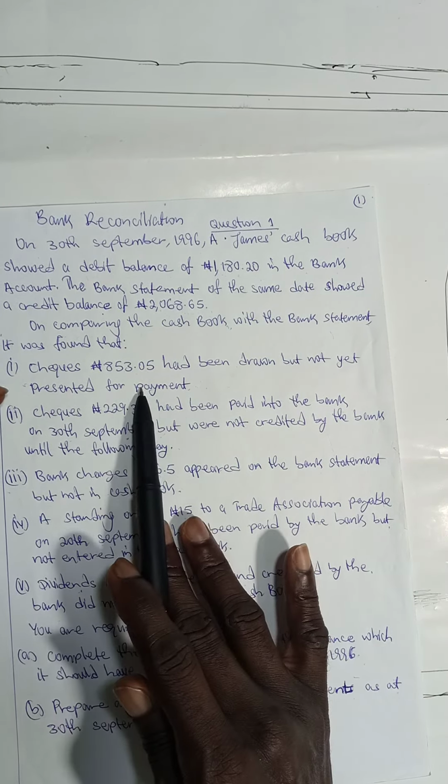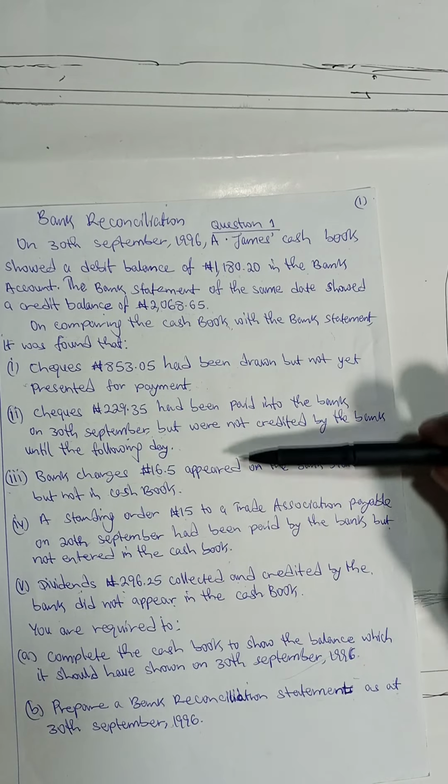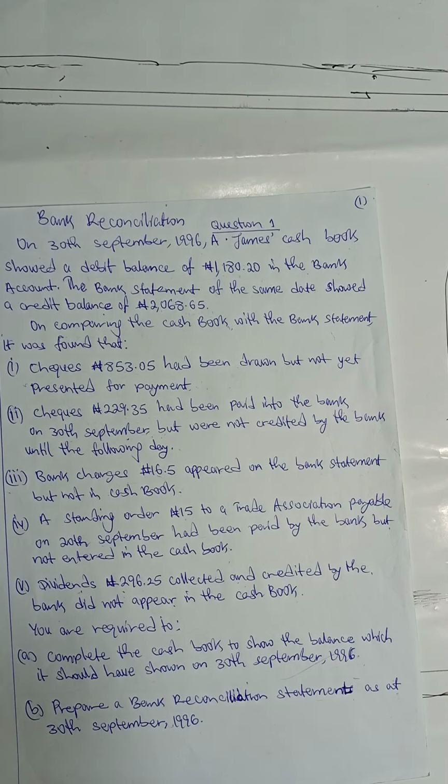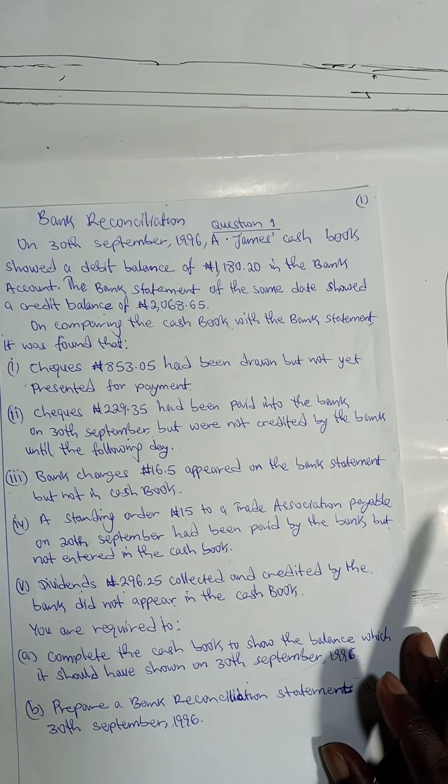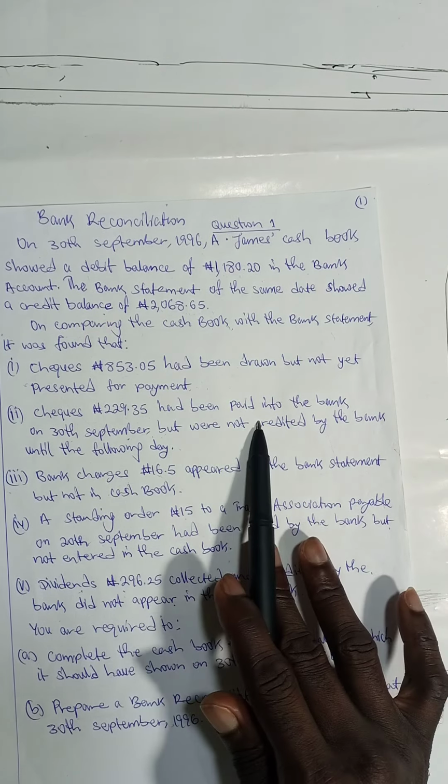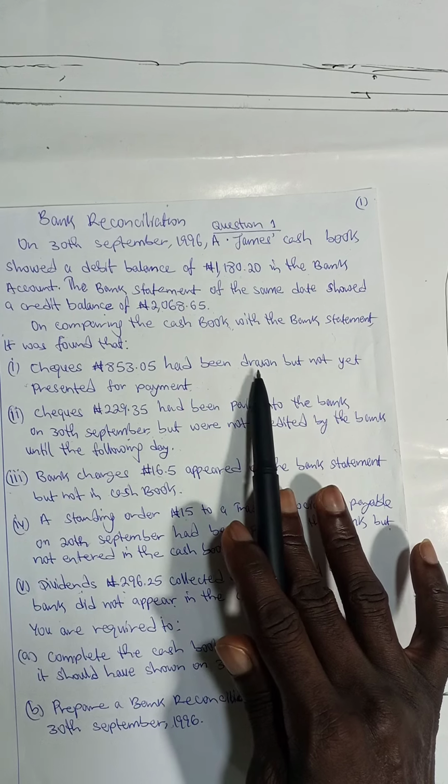This is one of the causes of discrepancies between the bank balance in the cash book and the bank balance in the bank statement. So we are going to treat this in the bank reconciliation statement.